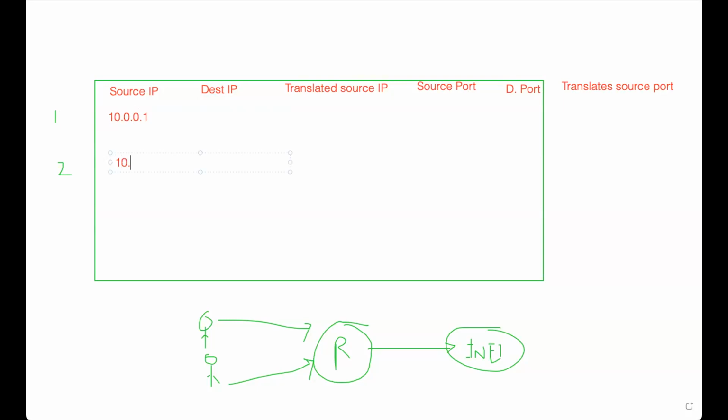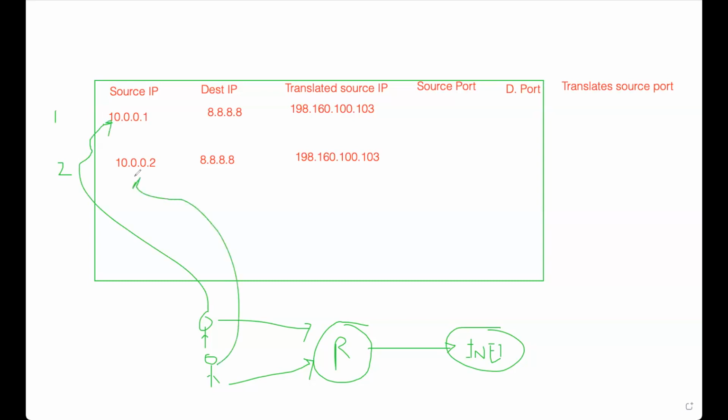The user 2 source IP is 10.0.0.2. Destination IP, they want to go to google.com, 8.8.8.8. Translated source IP will be 198.160.100.103. So this user is this guy, and this user is this guy.